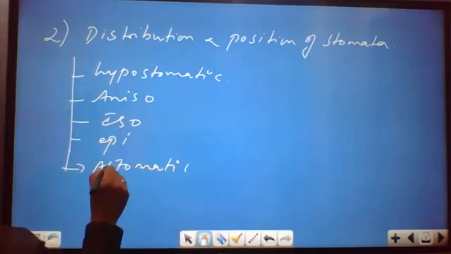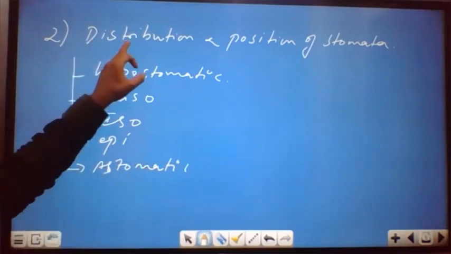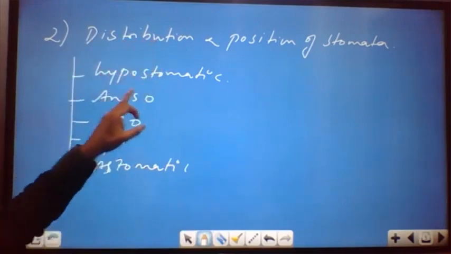So this is the second type of classification, based on the distribution and position of the stomata.